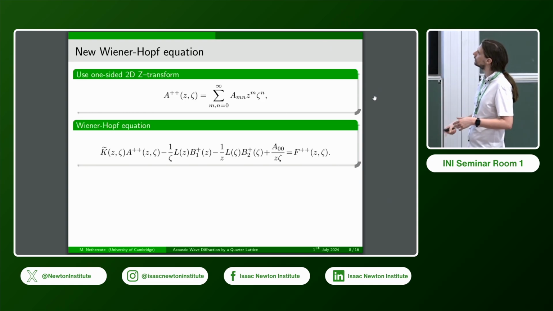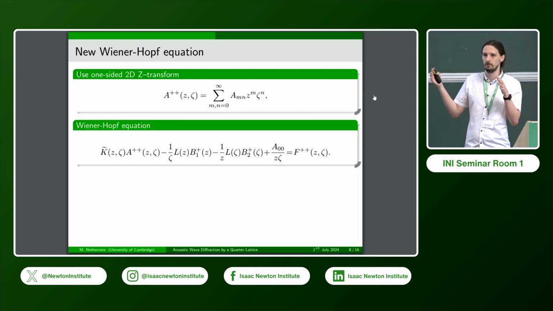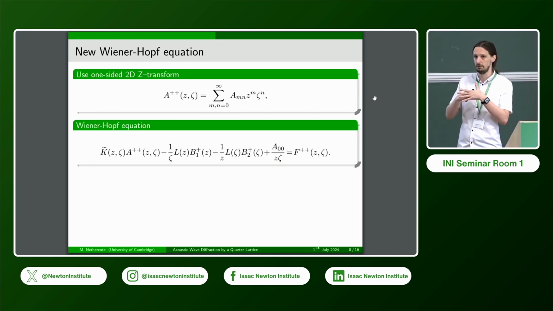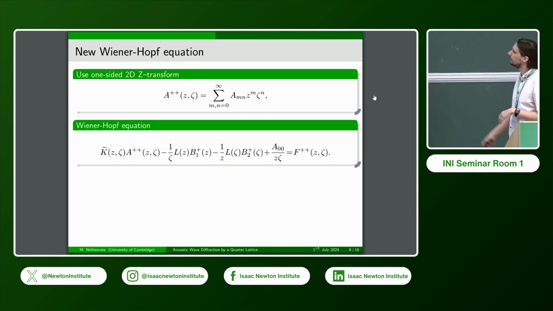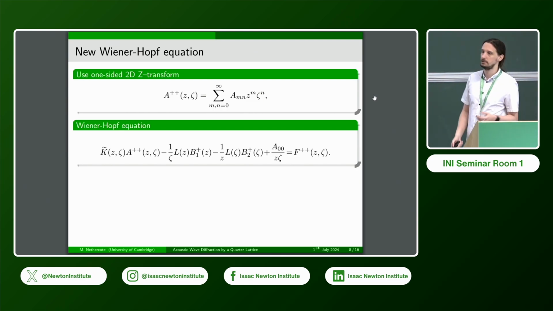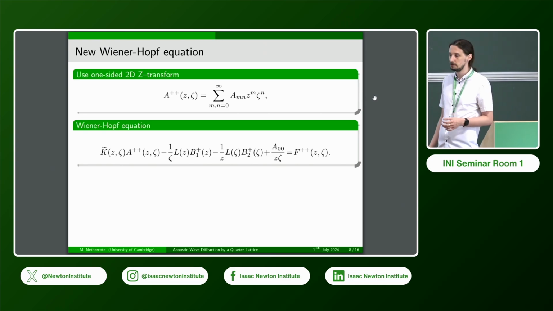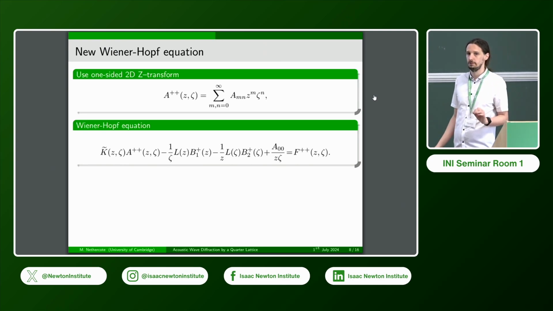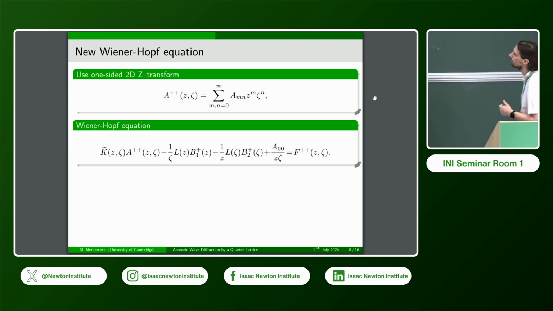This B1+ is a 1D transform of the coefficients on the boundary of the lattice, specifically the horizontal boundary. B2 is the same thing, but for the vertical face, and this A00 is there to cancel out duplication in the coefficients. Lastly, this F++ is the transform of the forcing terms. And it's important to note that this includes incident wave forcing and incoming waves from non-nearest neighbour scatterers.